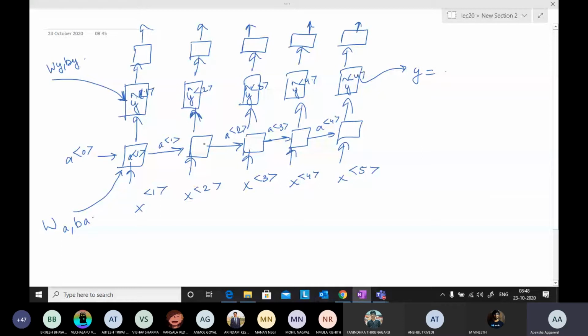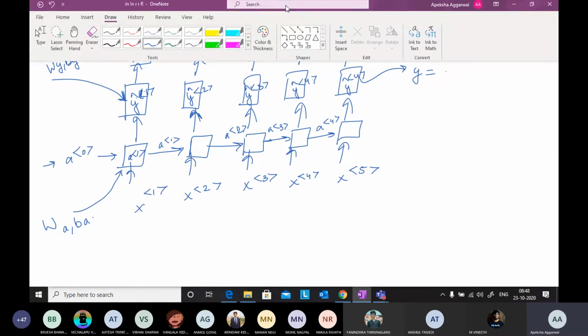So this x is outputting this y, and it is considering the weights that are defined for this activation multiplication, plus for this.